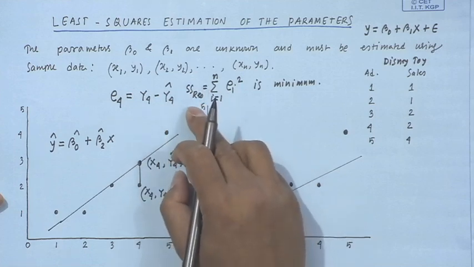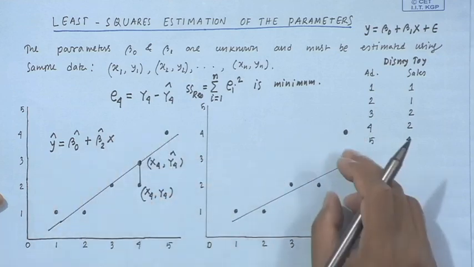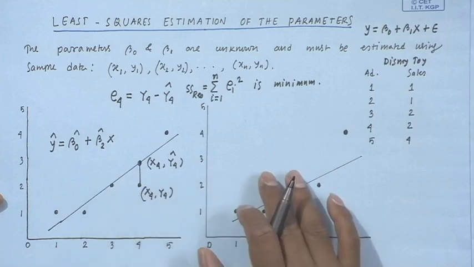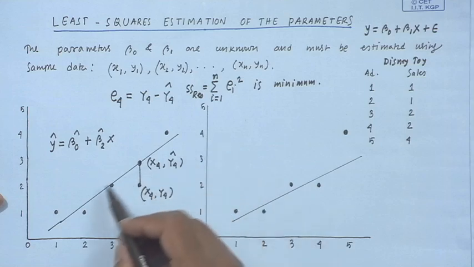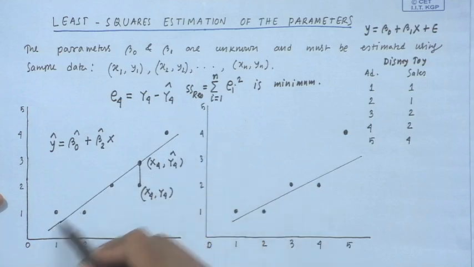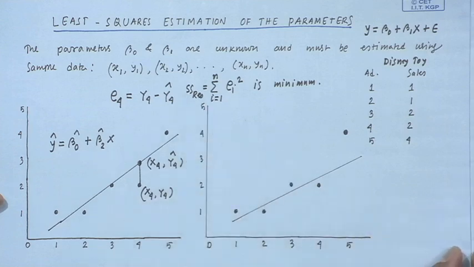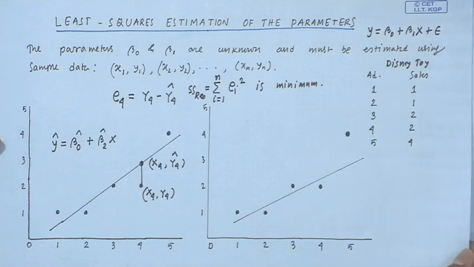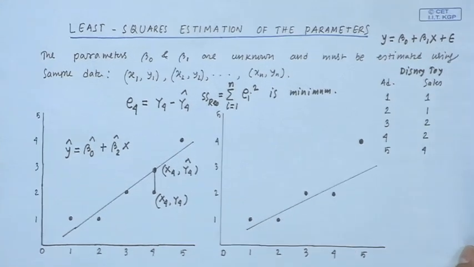You compute SS residual for this fit, you compute SS residual for this fit, and you see which one is smaller, that one is better than the other one. And what the least square estimation does is that it provides a fit which has minimum SS residual. Okay. So, I hope that you understood the basic and very nice and natural idea behind the least square estimation.